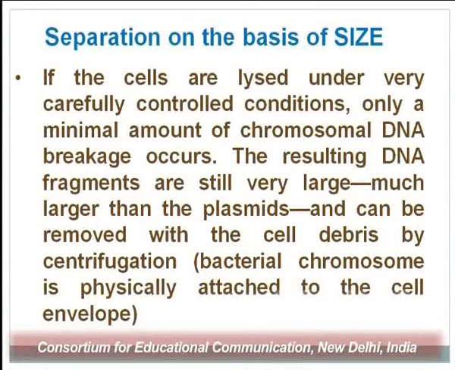So we will get the total cell DNA in which the genomic or chromosomal DNA will be there and the plasmid DNA will also be there, and both will be highly intact. If the cells are lysed under very carefully controlled conditions, a minimal amount of chromosomal DNA breakage will occur. The resulting DNA fragments are still very large, much larger than the plasmids, and therefore can be removed with the cell debris by simple centrifugation.